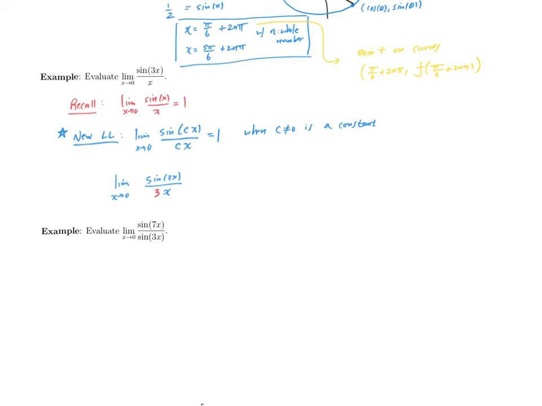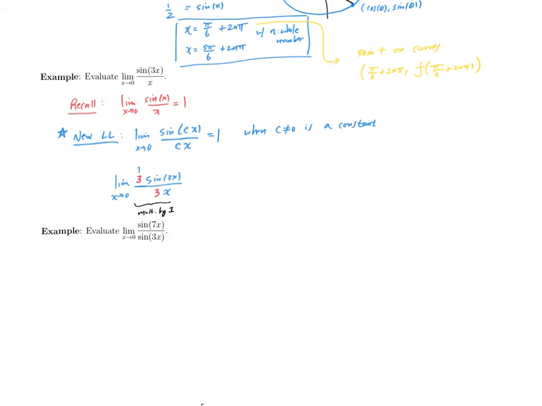But remember, we can't just divide by 3. That changes the function that we are calculating the limit of. But what we can do is always multiply by 1. So note, all we've done is we've multiplied by 1. That does not change the value of the limit.